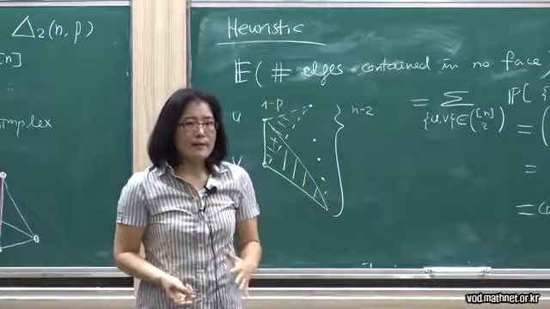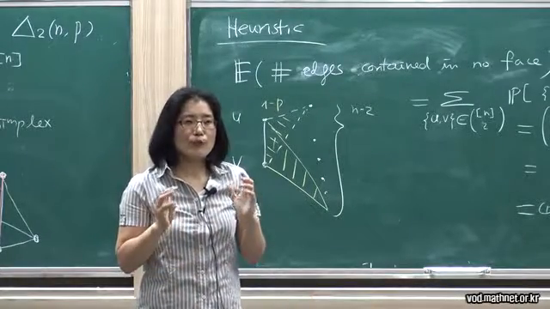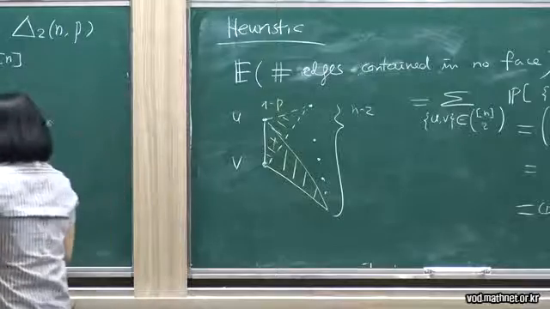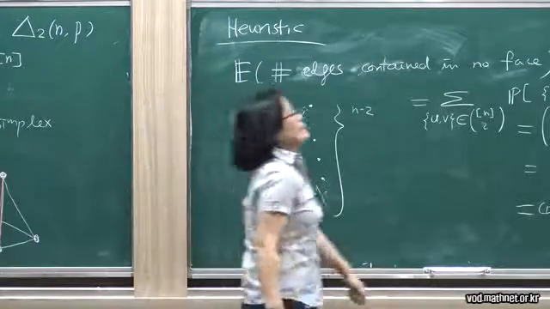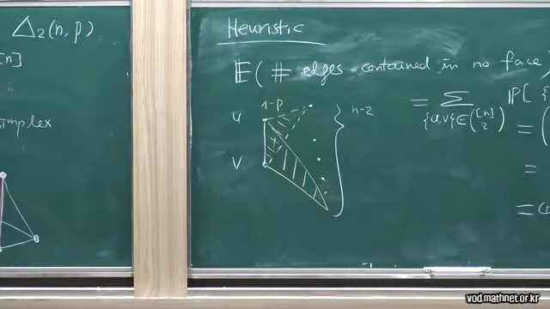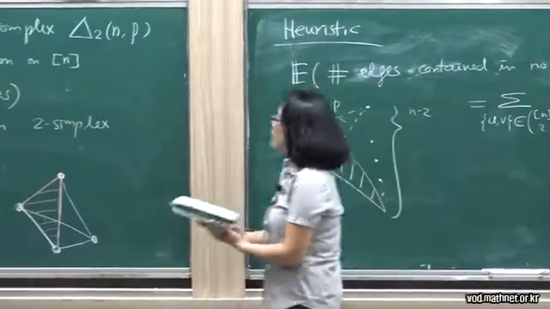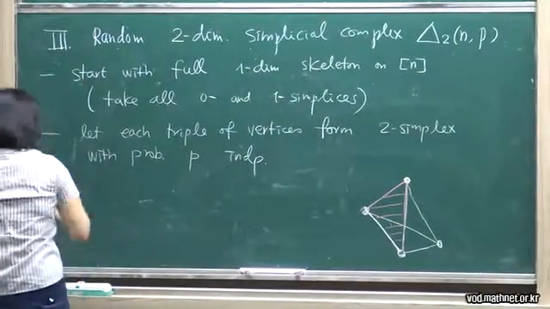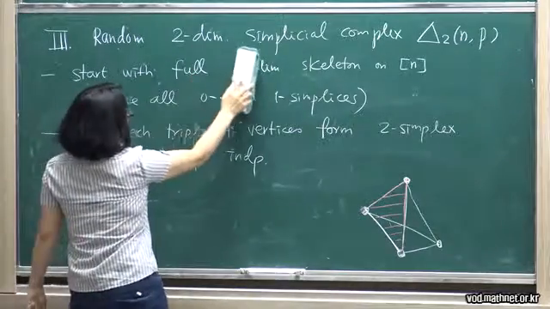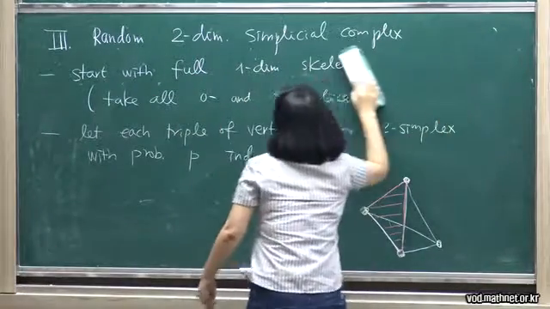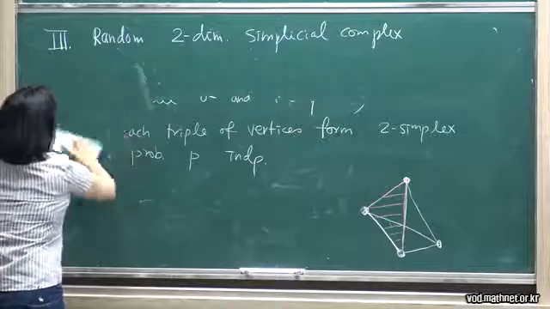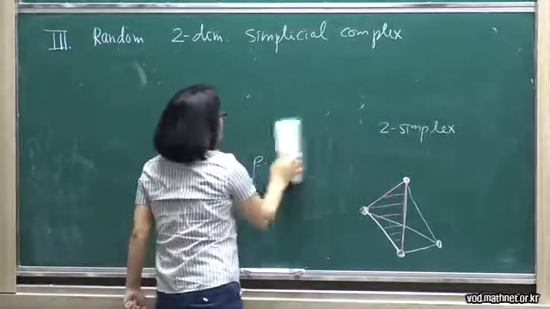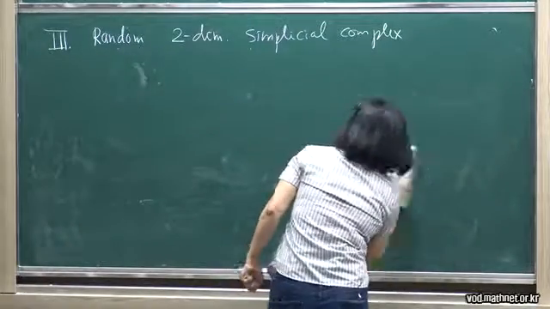By the way, a three uniform hypergraph, perhaps I write it for the people who are not familiar with hypergraphs, although we heard it in Monday's first talk, so I will move into the third part. A random two-dimensional simplicial complex, which arises from a random three uniform binomial hypergraph.